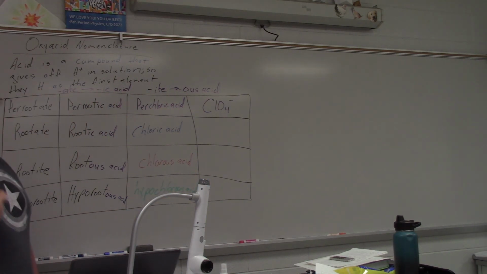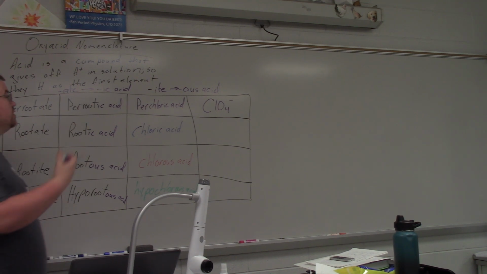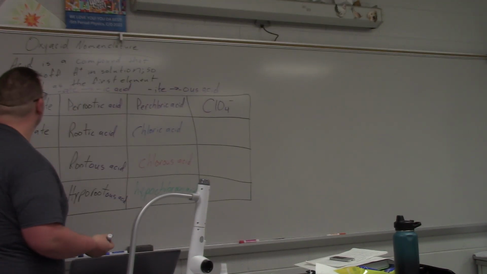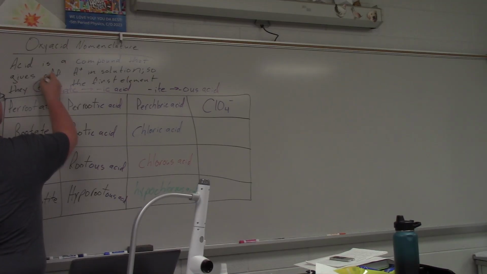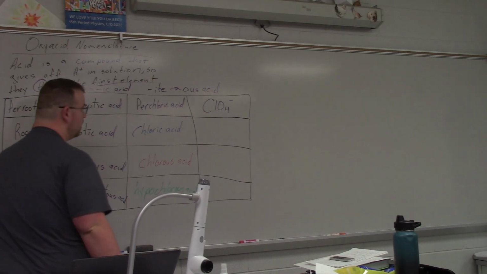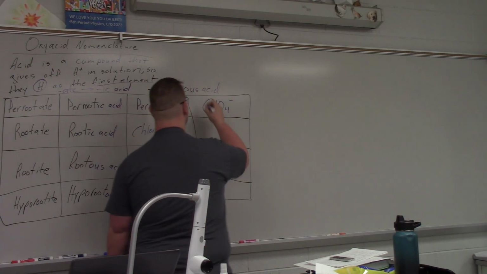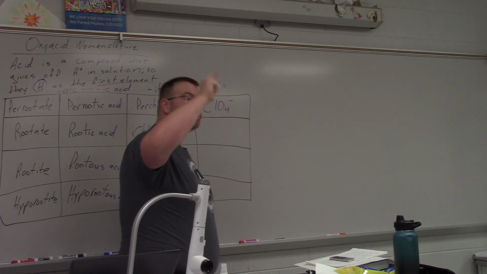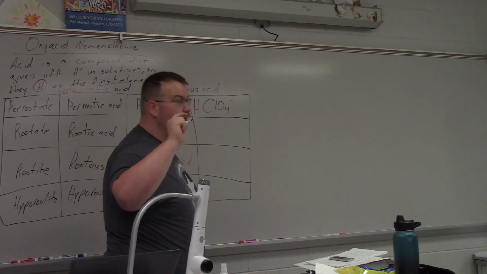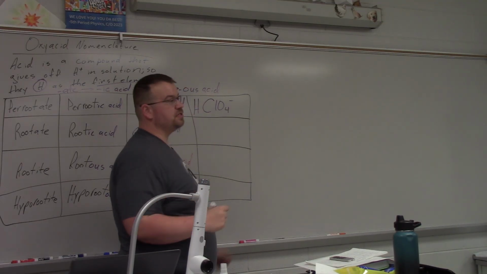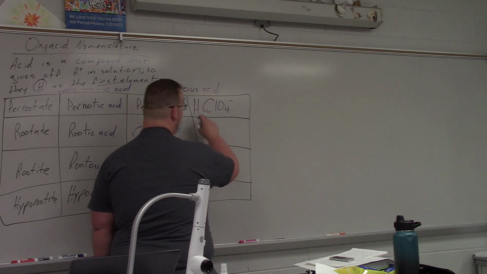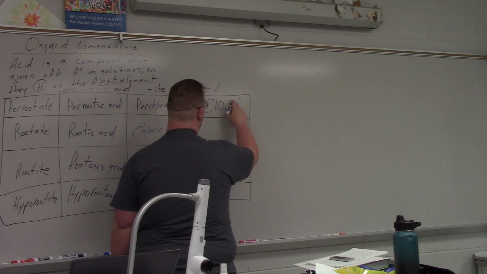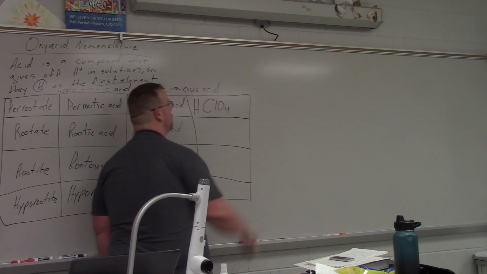Now you have the polyatomic ion. To get it to an acid, you have to have hydrogen as the first element. So we add the hydrogen in, and here's the key. Whatever the charge is on the polyatomic ion is the number of hydrogens we add. So now I have one hydrogen there, the charge goes away.